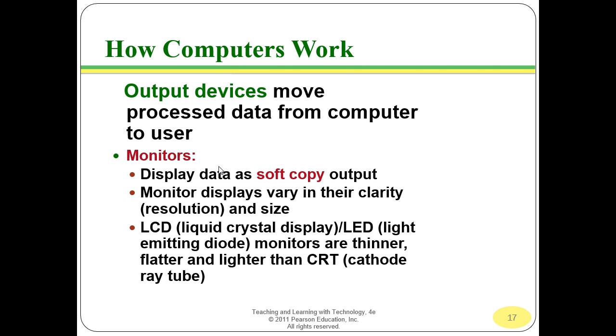And they will vary in their clarity, just how sharp the picture will be. You have basically two types: cathode ray tube, which are the old types of monitors that work just like old-time televisions with the vacuum tubes, or a cathode ray tube that would show the image.